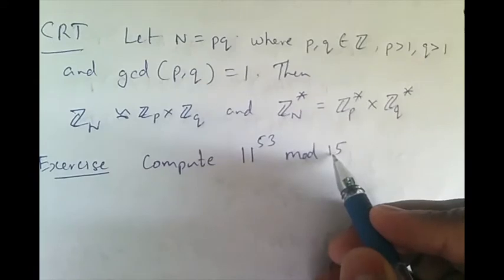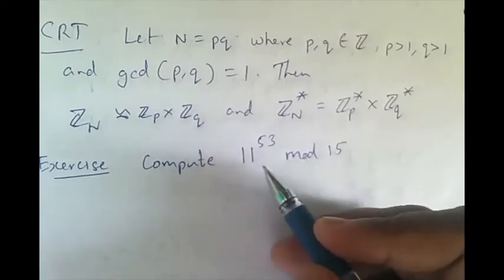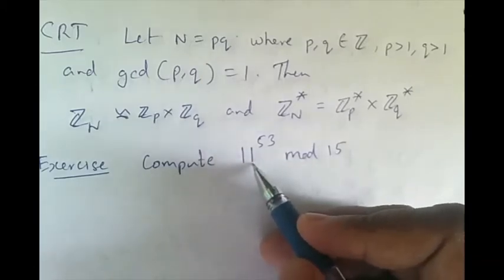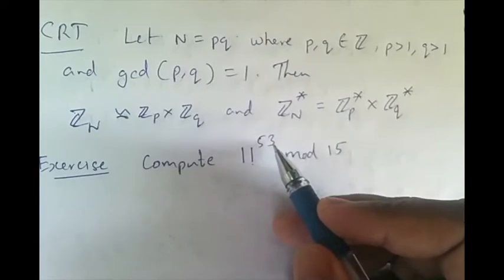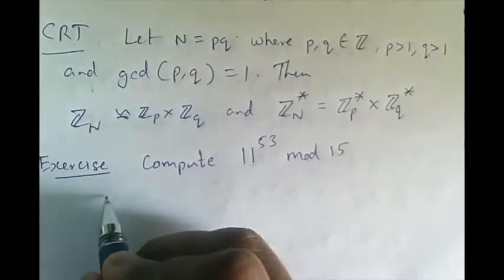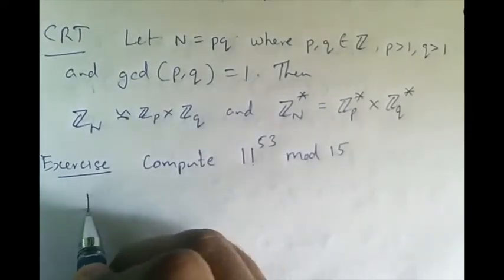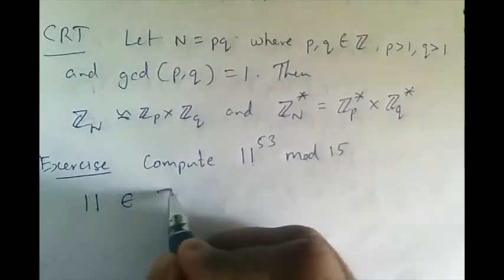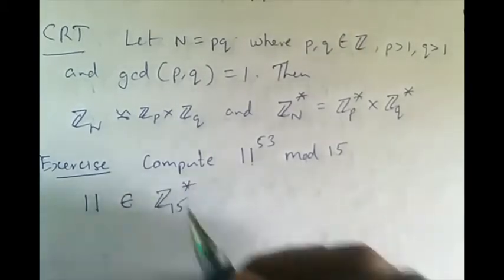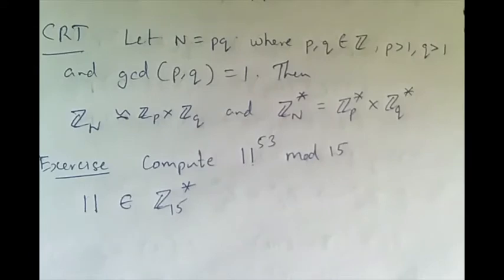So 15 is 3 times 5, where 3 and 5 are integers greater than 1 and they're relatively prime. And now I'm computing 11 raised to 53. So note that 11 belongs to Z15 star, because the GCD of 11 and 15 is 1.